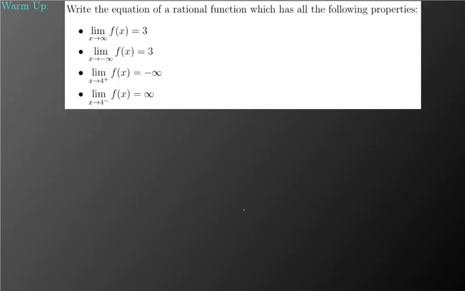So what I would do for this is I would think about a picture. You're told that out at infinity and negative infinity, the limit of the graph is approaching 3. So 1, 2, 3. So we know that it's approaching that as a horizontal asymptote.